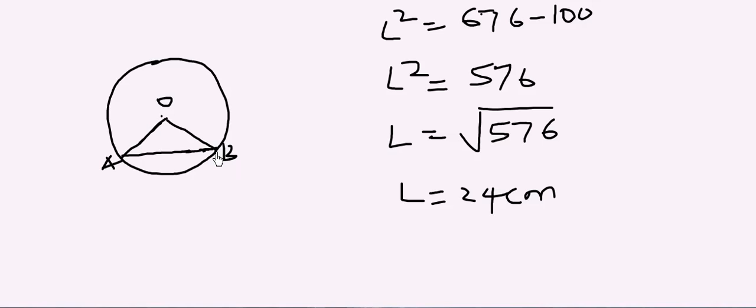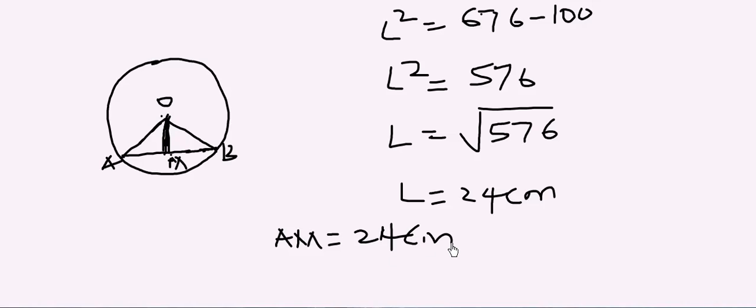We got this as M, that's the distance from the center of the circle, that straight line there. So we are getting AM now: AM is 24 cm.